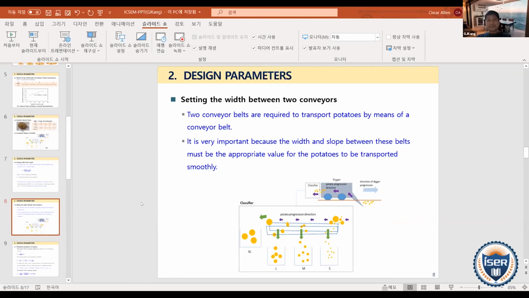I didn't use software. This mechanism is only carried out mechanically. Okay, understood.